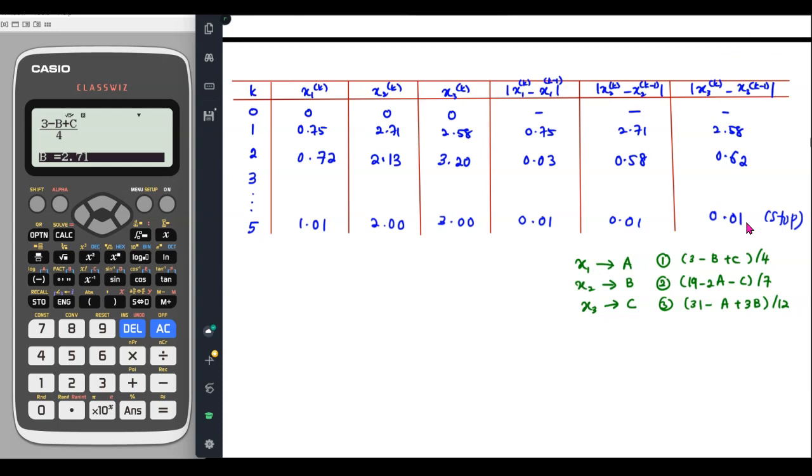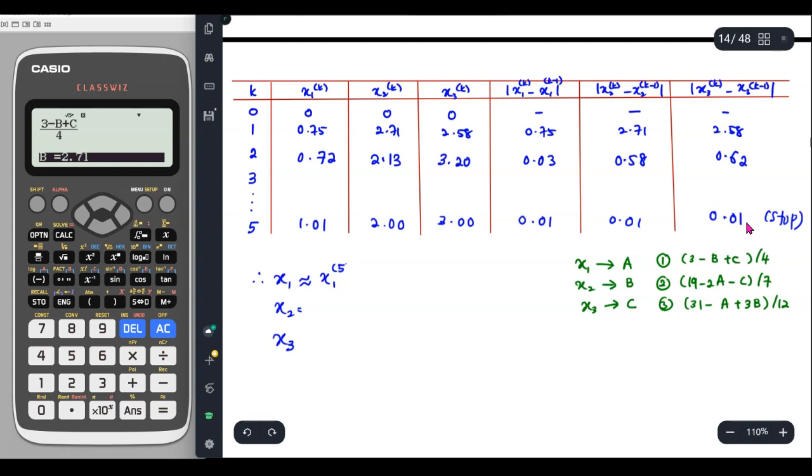The last conclusion would be to write down our x1, because this is our intention in the first place, to solve for x1, x2, and x3. So x1 is approximated to the latest x that we have in the table, which is x1 at k equals 5. So this is 1.01, and x2 is also at k equals 5, so this is 2.00, and x3 is approximately x3 at 5, which is 3.00.